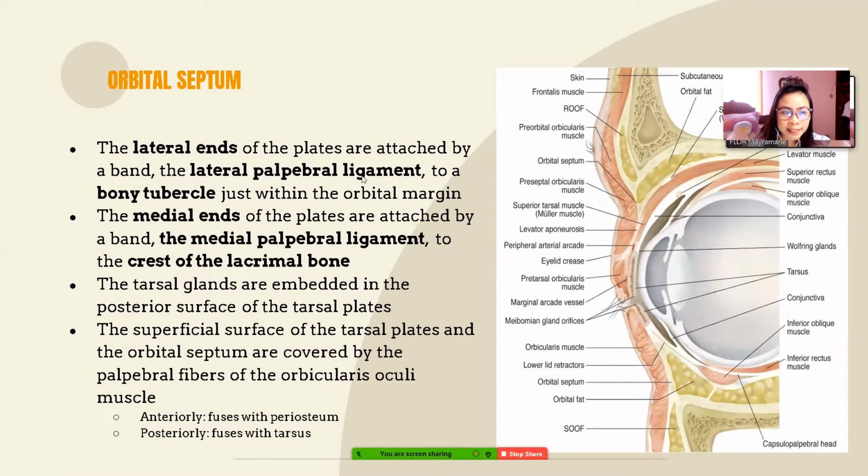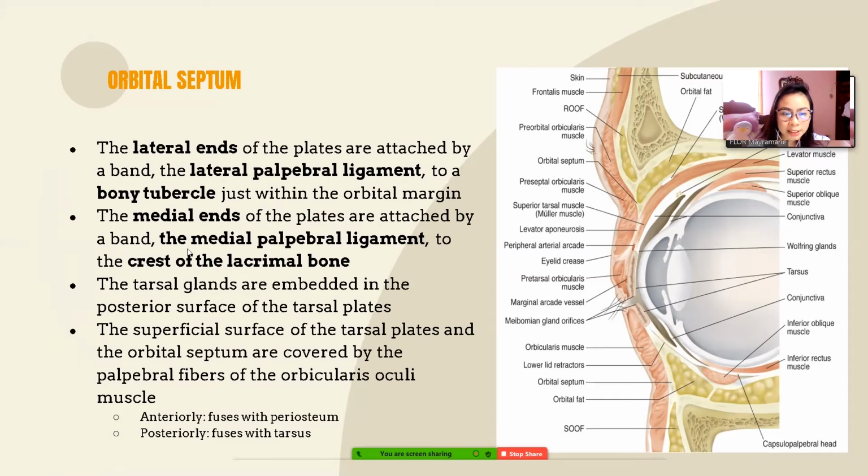So the orbital septum also comprises the lateral ends of the plates that attach by a band called the lateral palpebral ligament to a bony tubercle just within the orbital margin. The medial ends of the plates are attached by a band called the medial palpebral ligament to the crest of the lacrimal bone.